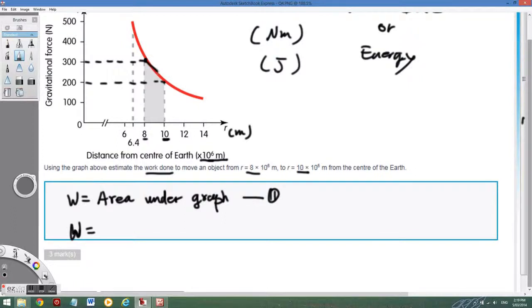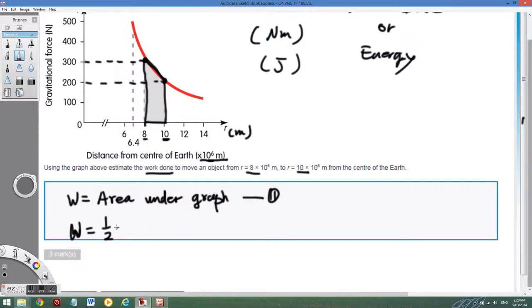Just draw a straight line and treat this shape as a trapezium. You still get the right answer if you use calculus, but it takes too much time, especially during the end of year exam. You need to save some time, so just treat this shape as a trapezium.